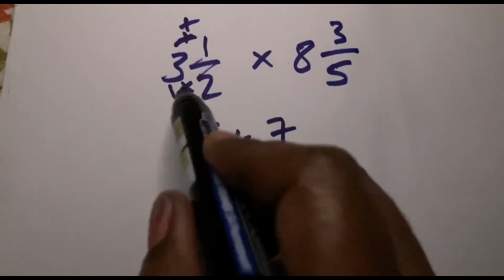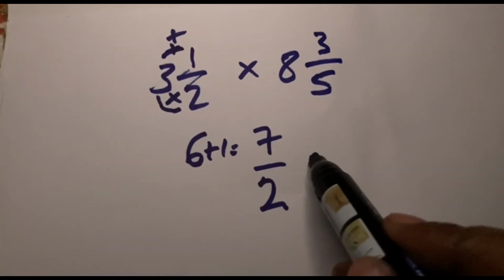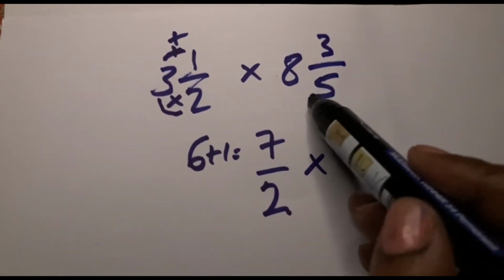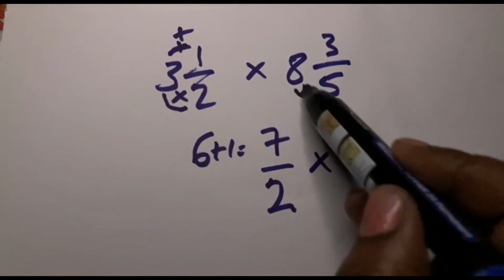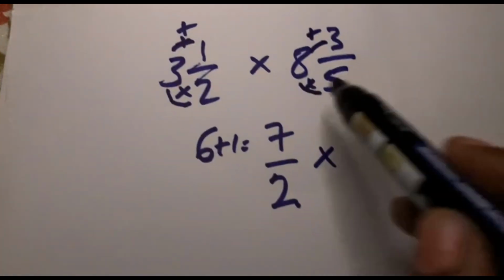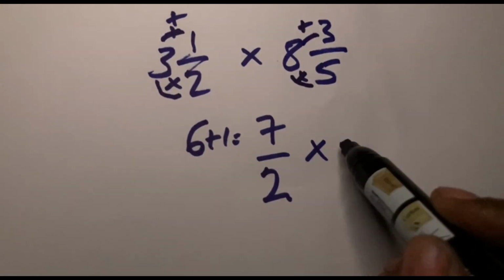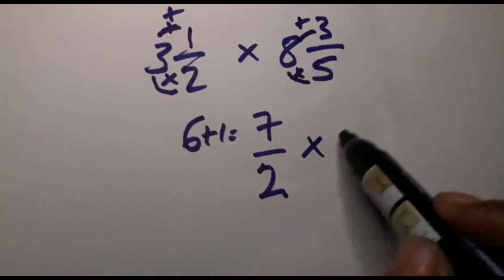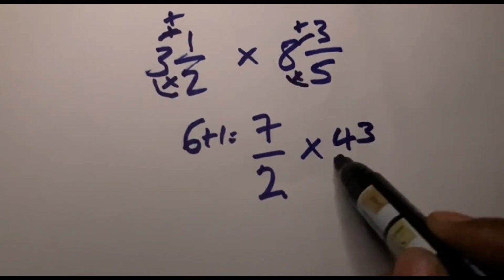So that will be 7 over 2. And here, 5 times 8 is 40, plus 3 is 43 over 5.